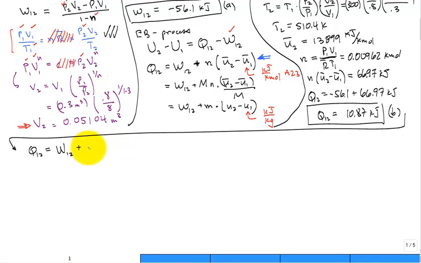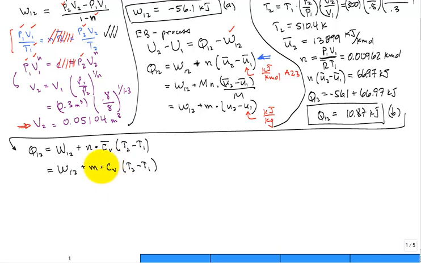So you can put it on a molar basis, with the number of moles since we calculated it, times the specific heat at constant volume on a molar basis times T2 minus T1. Or you can use the mass times the specific heat at constant volume on a mass basis, times T2 minus T1.